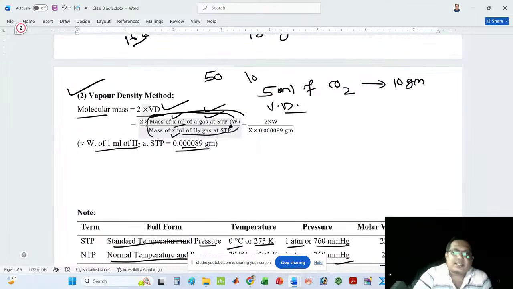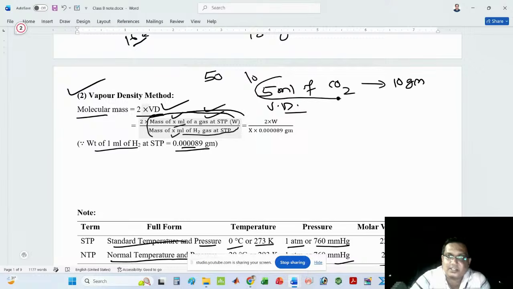Next, putting the value of the weight of hydrogen gas and the weight of the carbon dioxide, you can find out the vapor density. Our first question is: what is the vapor density of 5 ml of carbon dioxide whose weight is 10 gram? What will be the formula?